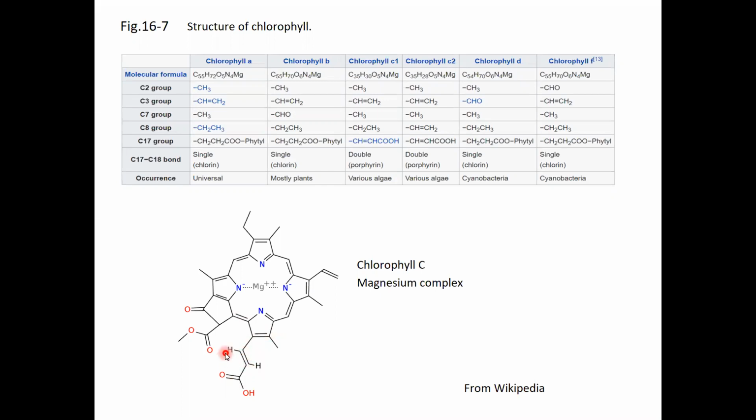Depending on the functional groups, there are several types of chlorophylls. But I'd like you to know that the color is given by these metal complex molecules.